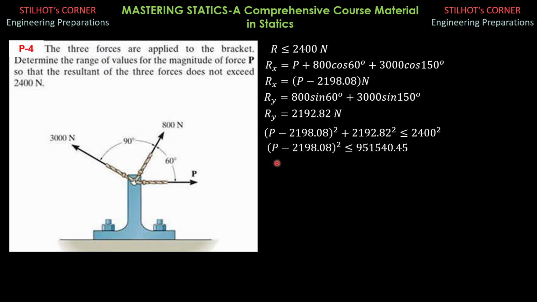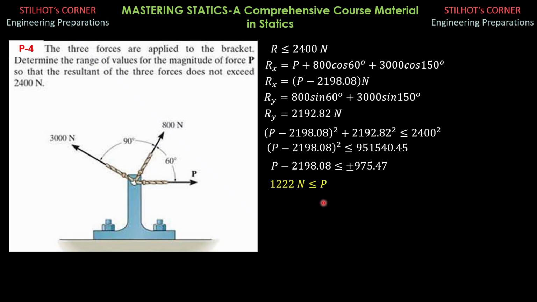Extracting the square root, P minus 2198.08 is plus or minus 975.47. So if you use minus here, we'll have the minimum P. And if you use plus here, added with 2198.08, we'll get the maximum range.